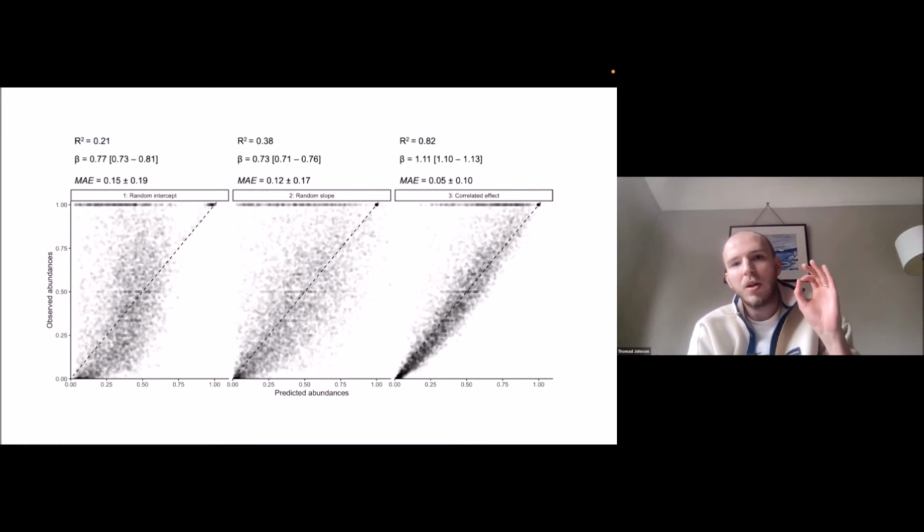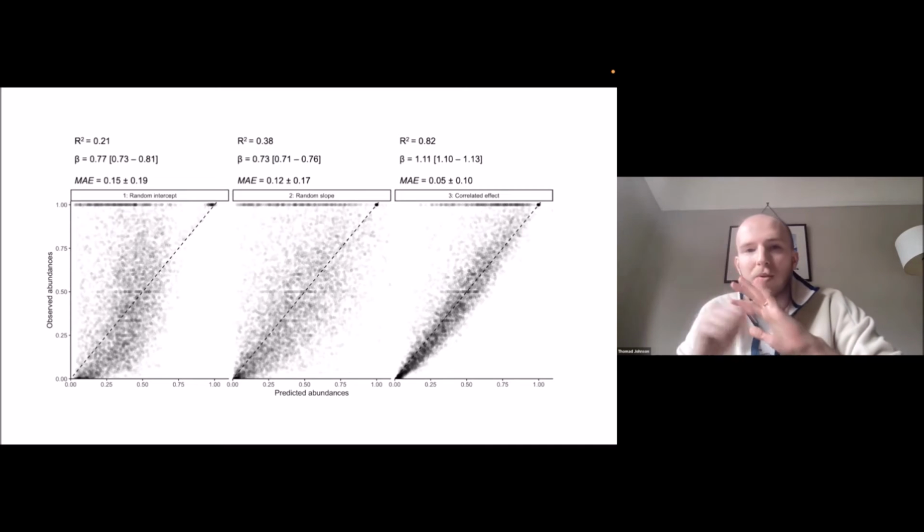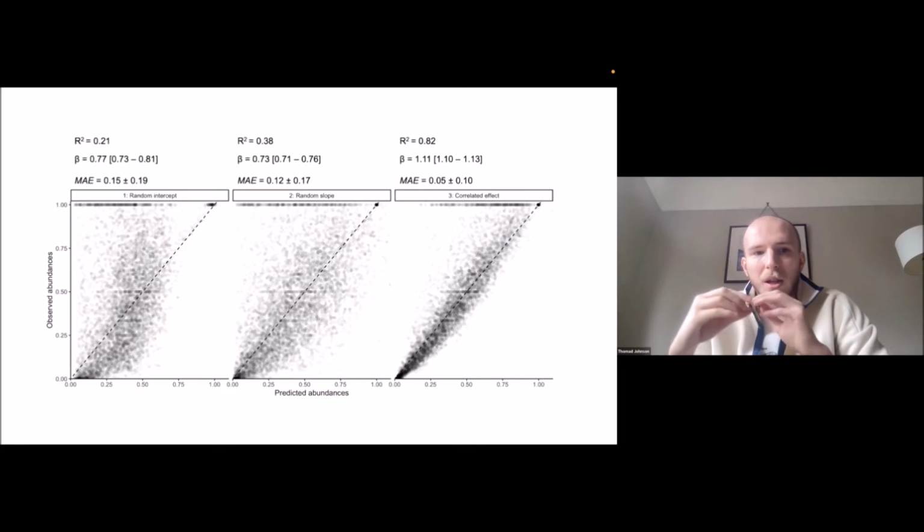So for half the time series, we've removed the final abundance value, and we've then asked each of the models to predict this value, and we've tried to see which one comes out on top. Unsurprisingly, the correlated effect model offers substantially improved predictive ability, forecasting ability. And this is a 1 year forecasting ability, so going 1 year ahead.